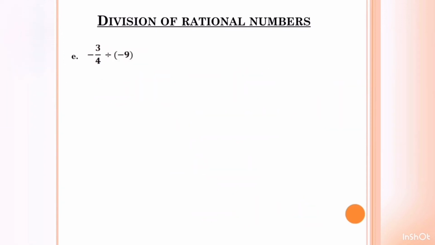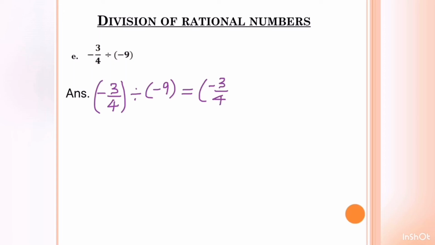Next question. Evaluate minus 3 by 4 divided by minus 9. Answer. Minus 3 by 4 divided by minus 9, this expression is equal to minus 3 by 4 multiplied by reciprocal of minus 9 is 1 by minus 9.